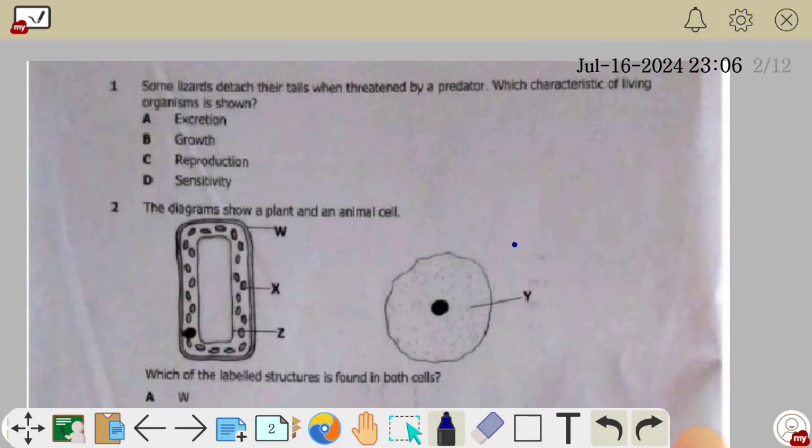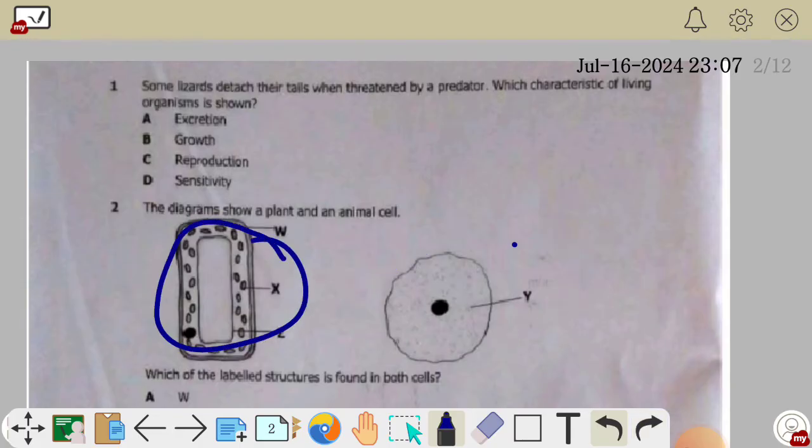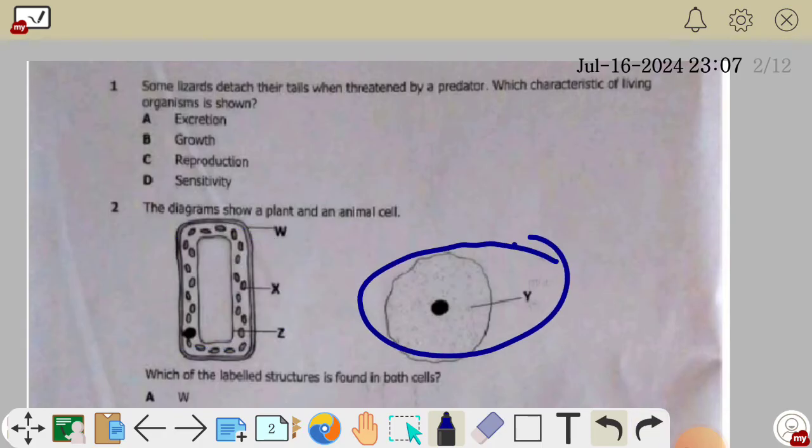Question 2. The diagram shows a plant and an animal cell. So these diagrams here are showing a plant and an animal cell.